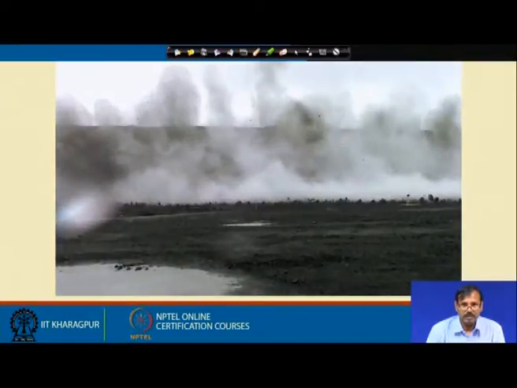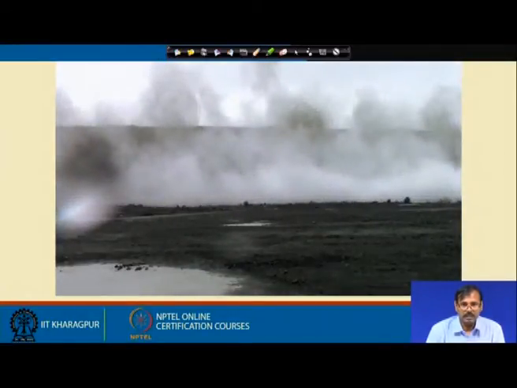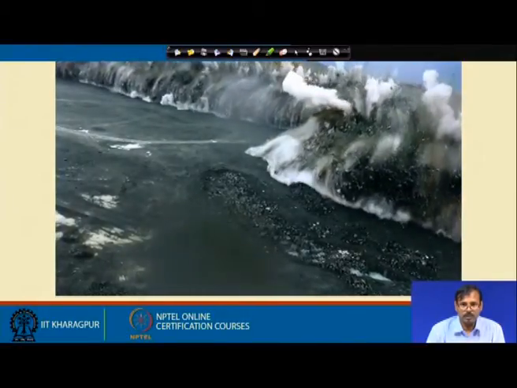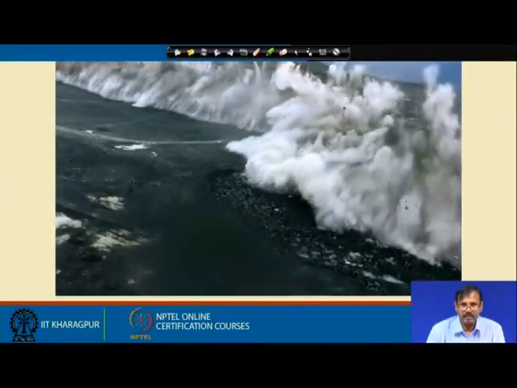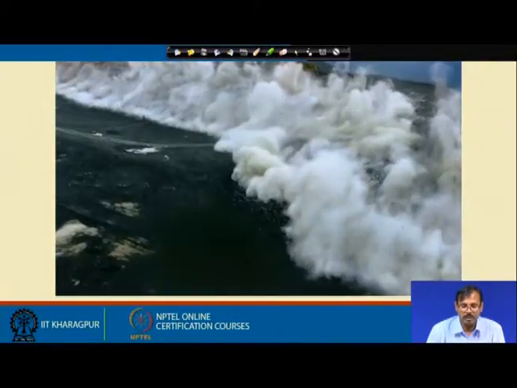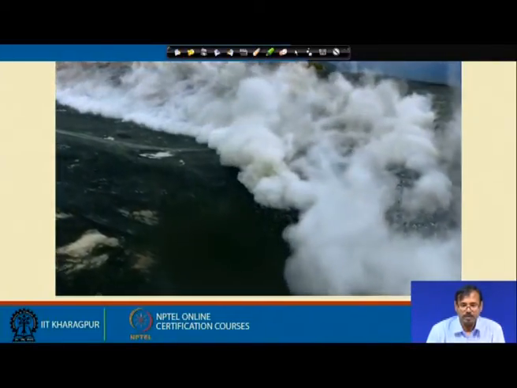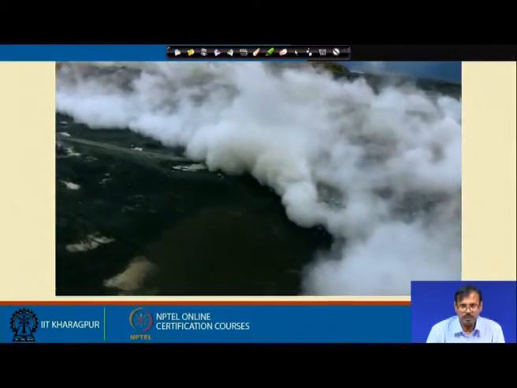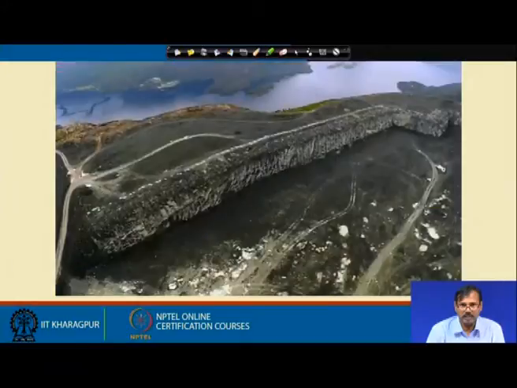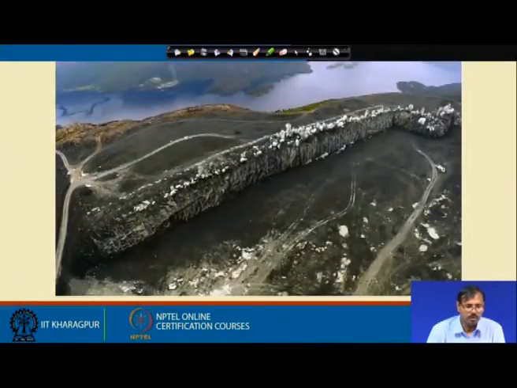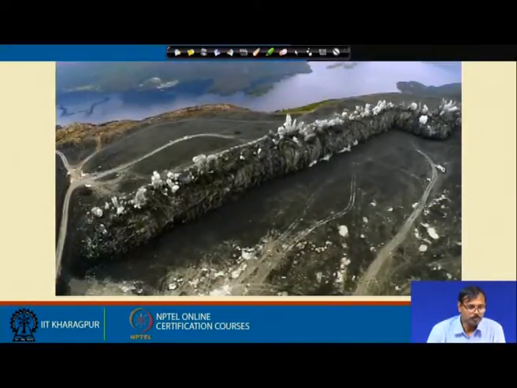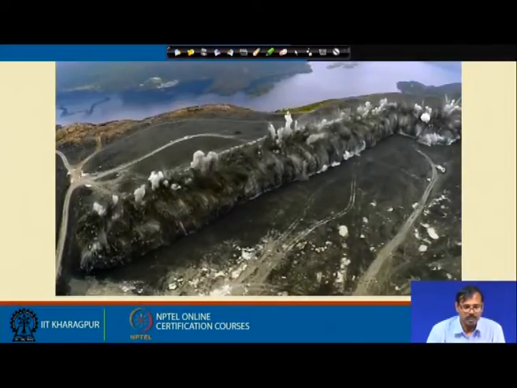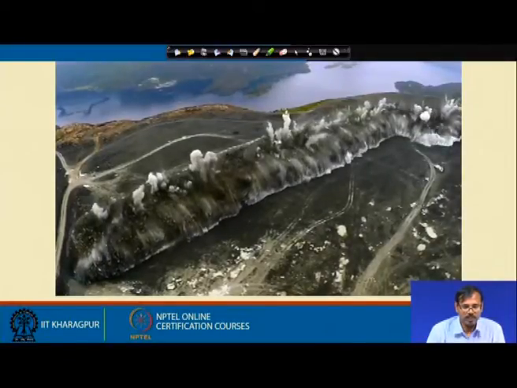So, what happened here? The drills create the holes, explosives are placed in the holes, and when the explosive is exploded, the rocks are fragmented. You can see such beautiful fragmentation the moment the gas goes out, and you will see how the explosion occurred and how the rocks are moving.